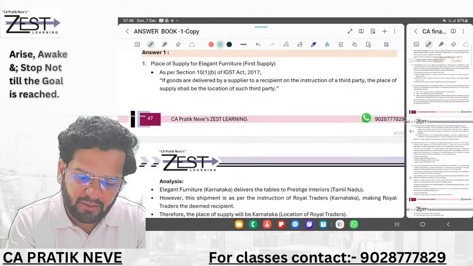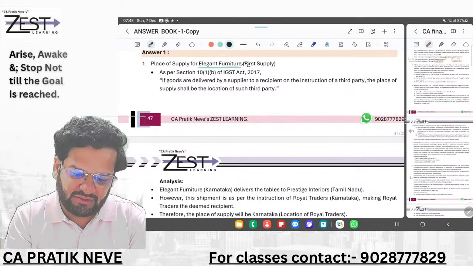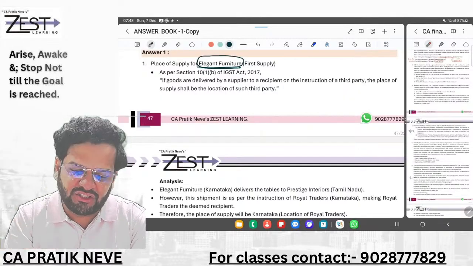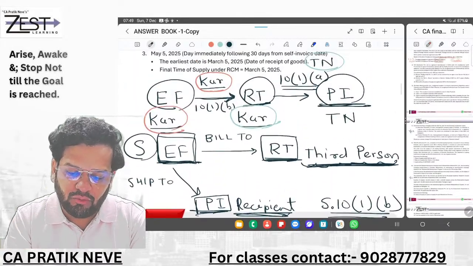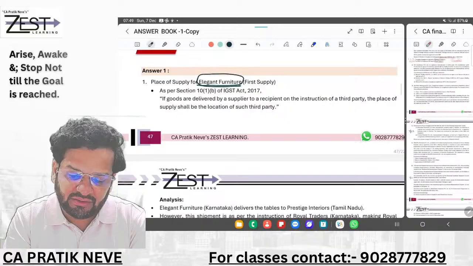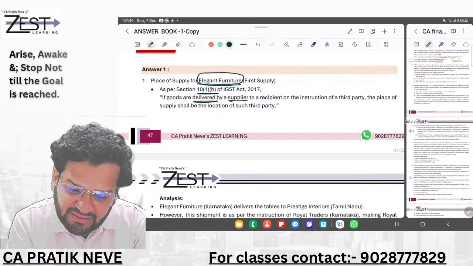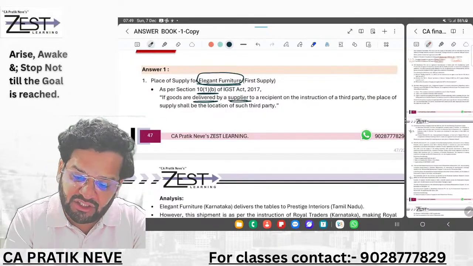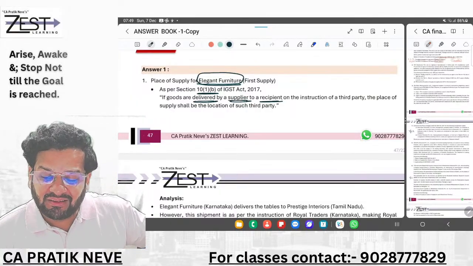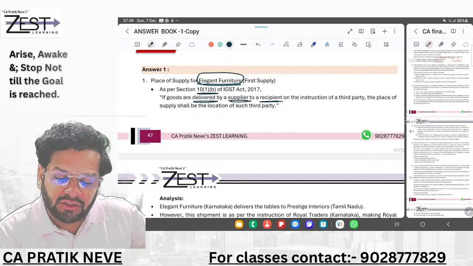Okay, see. So first transaction, place of supply for Elegant Furnitures. Place of supply for Elegant Furnitures means Elegant Furnitures selling to whom? Elegant Furnitures selling to RT, Royal Traders. So as per 10(1)(b), if goods are delivered by the supplier, means Elegant Furniture, to the recipient on the instruction of a third party, the place of supply shall be the location of such third party.